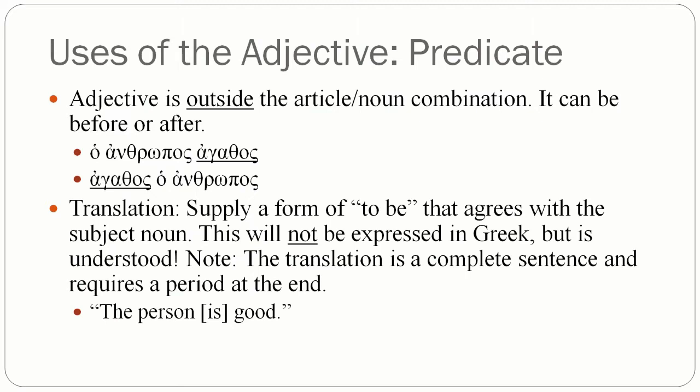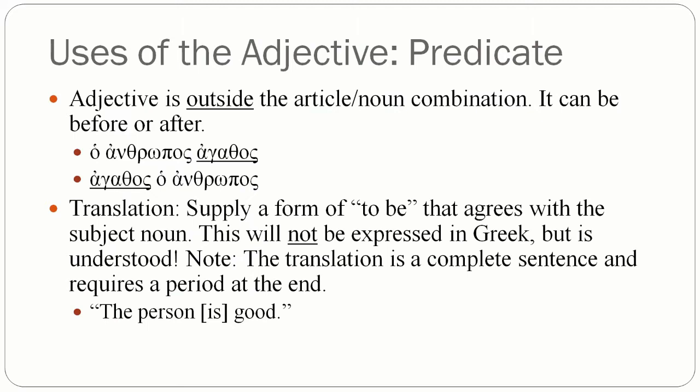The way that you translate this is a little bit strange. We don't really have anything like this in English. You have to supply a form of the verb to be, and which form depends on the subject noun. If it's singular, you have to put a singular form of to be. If the noun is plural, put a plural form.